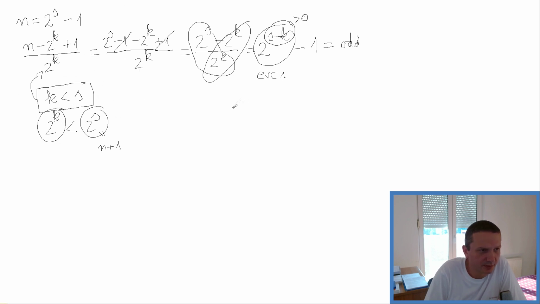Now let me finally see how can we conclude that each binomial coefficient n over k is actually odd.